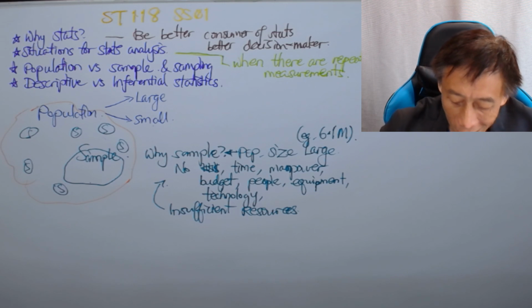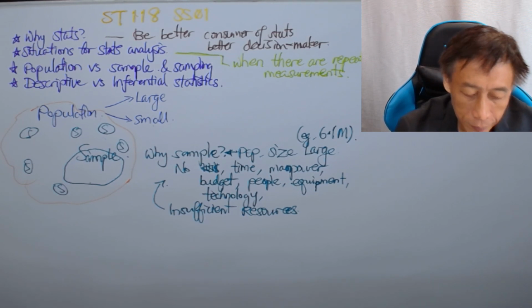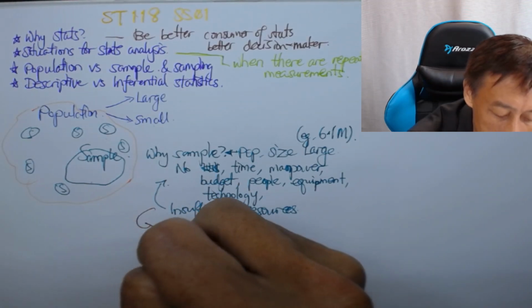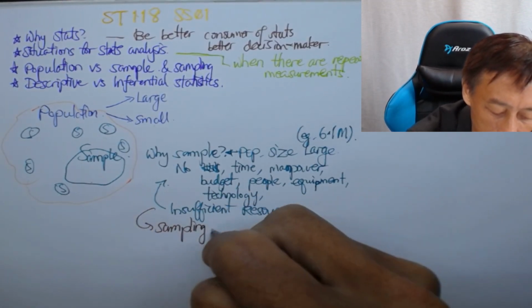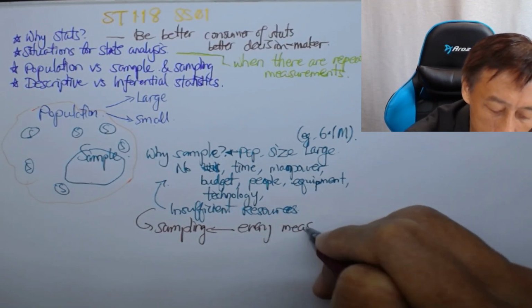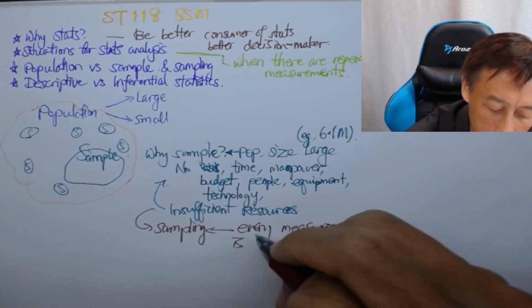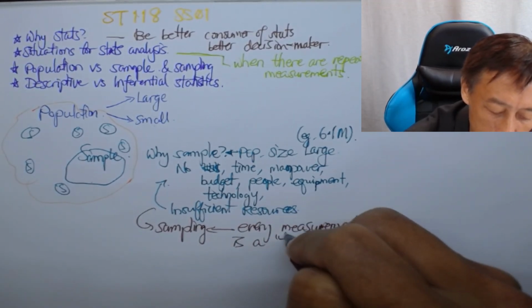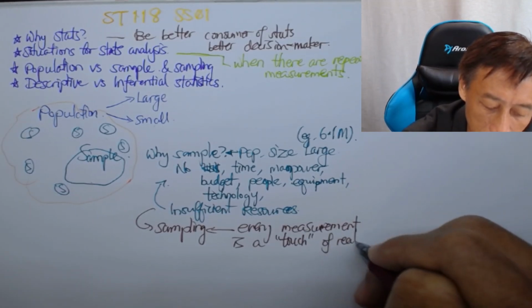So this gives rise to the idea of sampling. Every measurement is a touch, I put in quote and unquote, of reality.